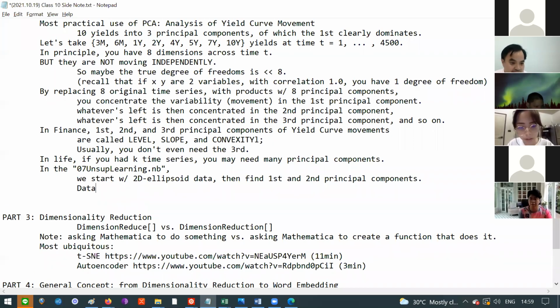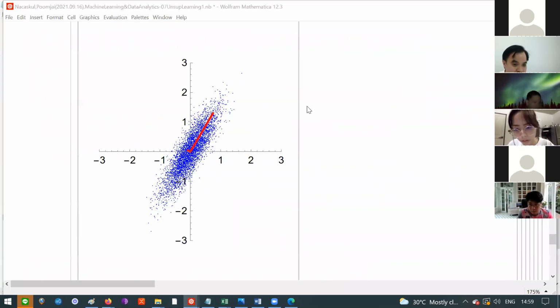So data vary the most along the first principal component. Clearly. Okay, clearly. So this is the picture I want you to talk about.